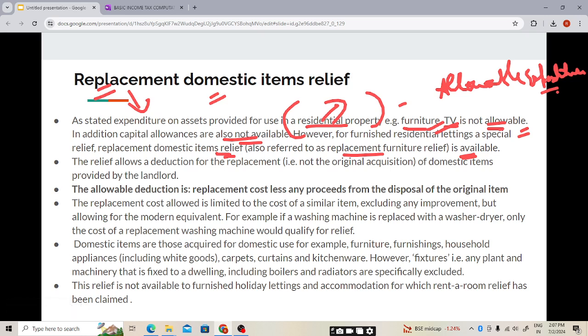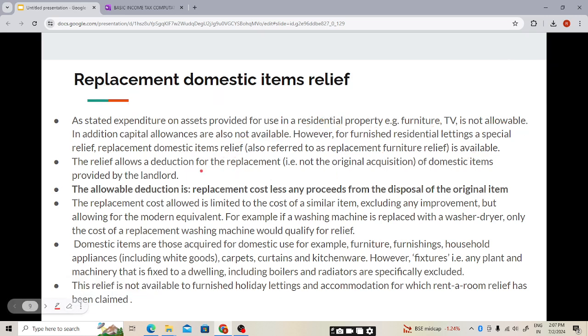What does this relief say? The relief allows a deduction for the replacement, not the original acquisition. When you are letting the property for the first time and you are incurring expenditure for the furniture and TV, it is not allowed. This is your original acquisition.